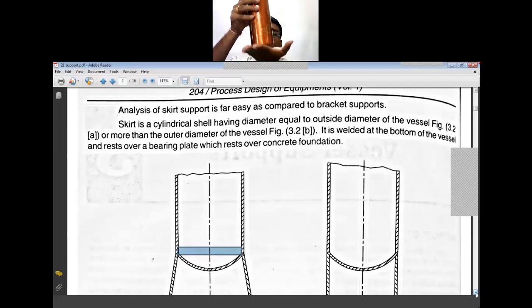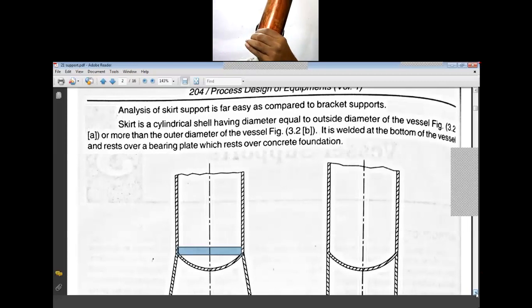Because I have simply kept this vessel on the ground. Now I am going to provide the support. So I have provided the skirt support, and I am going to apply the force. Applying the force may tilt the vessel, but it is not getting overturned. For overturning, I have to tilt my hand.